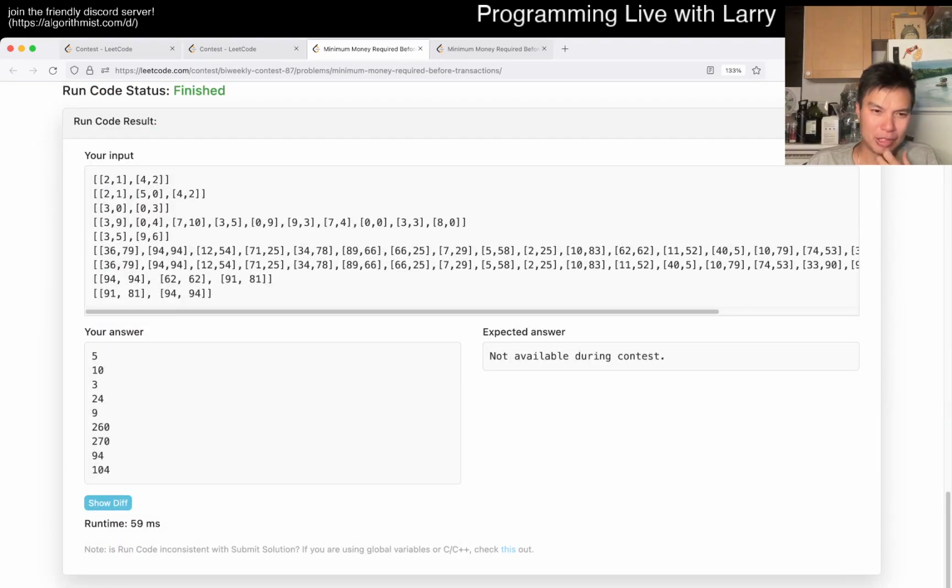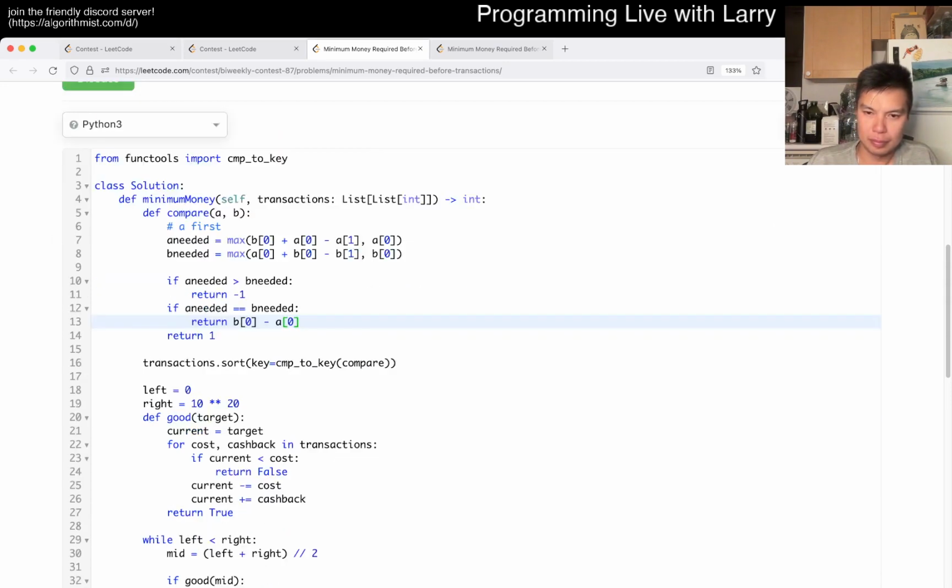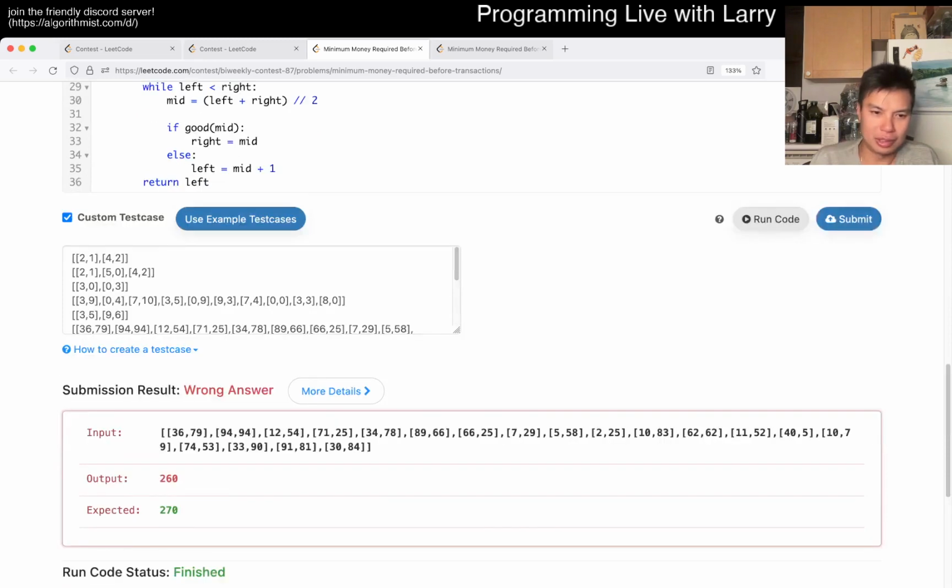The reason this is wrong is because of these two, which is, yeah. That doesn't change anything though.